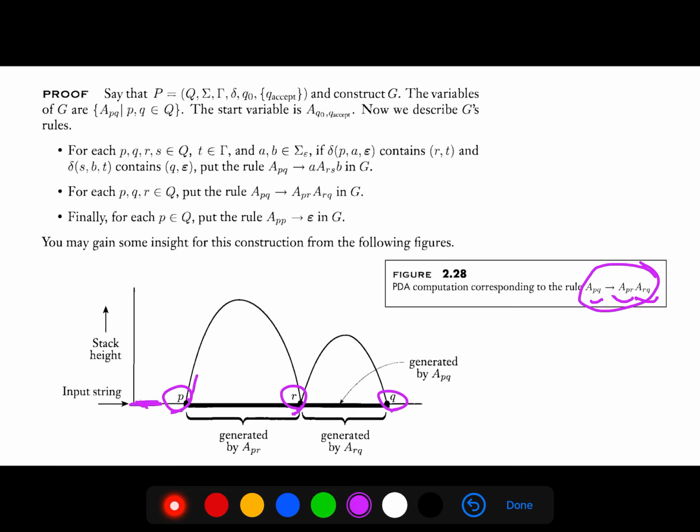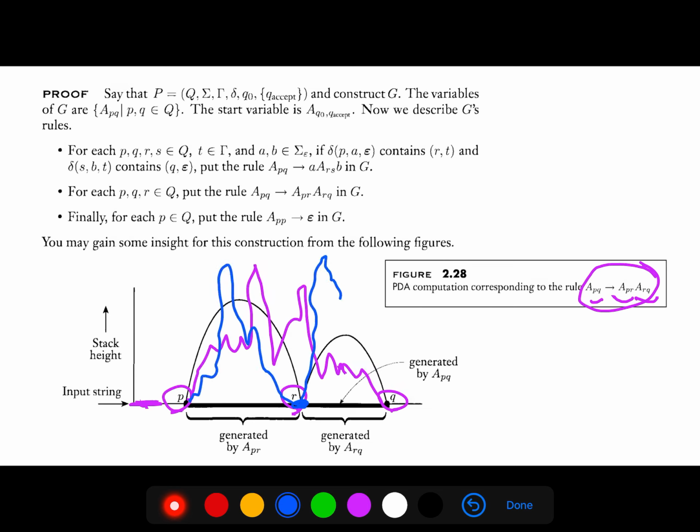So it can go many trajectories. This one goes down and reaches here. Or if we want to pass the state R, it should go up and then reach the state R and again go up. But the height of the stack should come back to the original level.